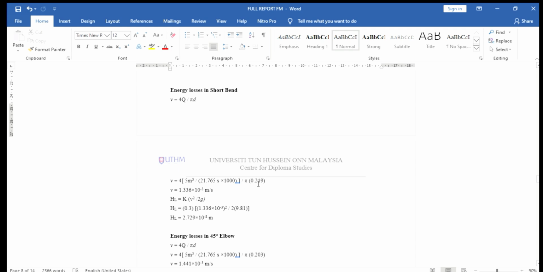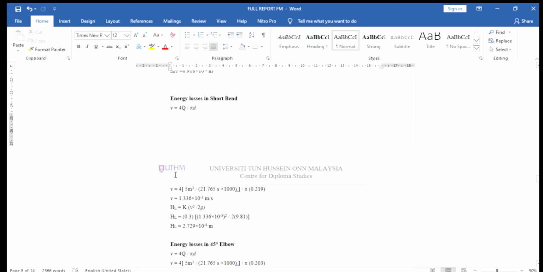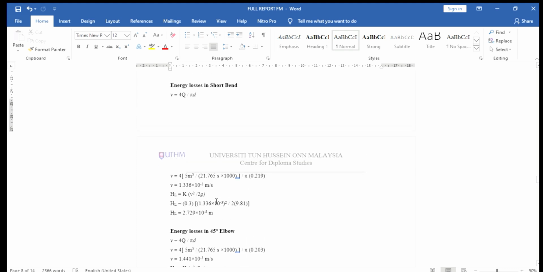The diameter for the short bend fittings is 0.219. So the velocity that we get is 1.336 times 10 to the negative 3 meters per second. The head loss formula for the bend is K V squared over 2g.